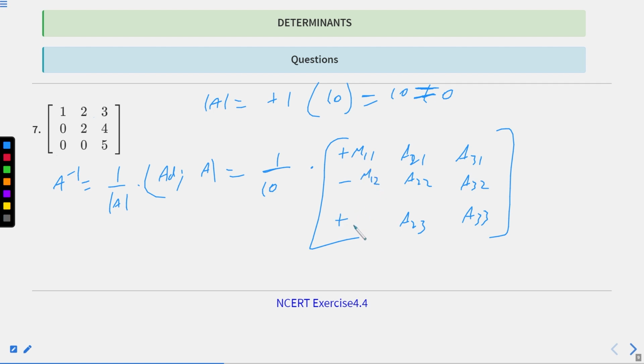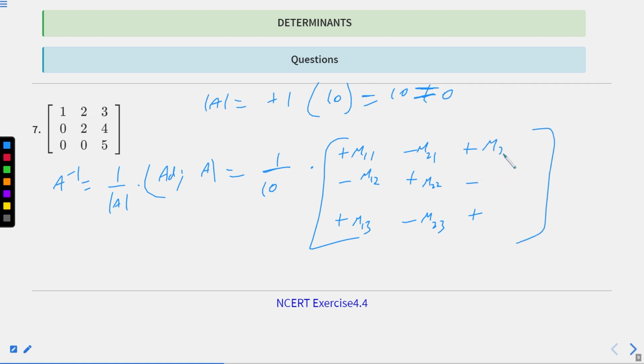Now minus, plus, minus for M21, M22, M23. Now 3 1 means plus, minus, plus. The signs must alternate. As you can see, plus minus plus, minus plus minus, plus minus plus. In this way you cannot get confused.